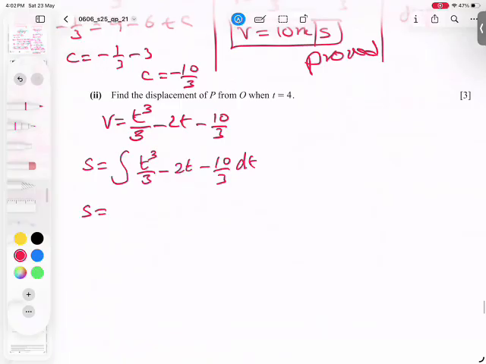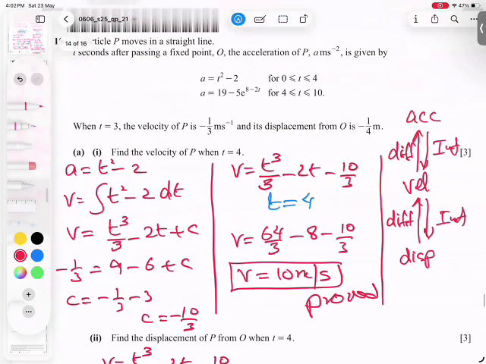But first, increase the power by 1, divided by the same, I get 12. Increase the power by 1 and divide by the same, this cancels out, and 10 by 3, 10 by 3 t plus c2. Now students, I have to plug in time 3 and displacement -104.